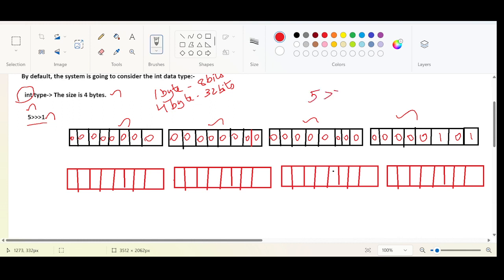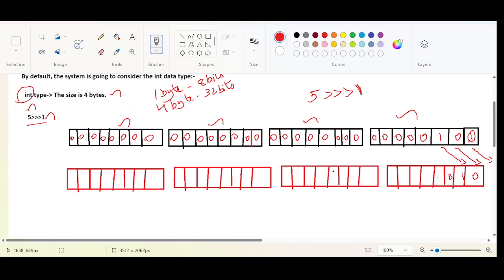The number 5 is getting a triple right shift by position 1. This is talking about the position. It means each and every bit will be shifted one position towards its right. So this particular bit will not have any space, right? It will disappear. The next bit is going to take this place, 0, and the next bit is going to take this place, 1.